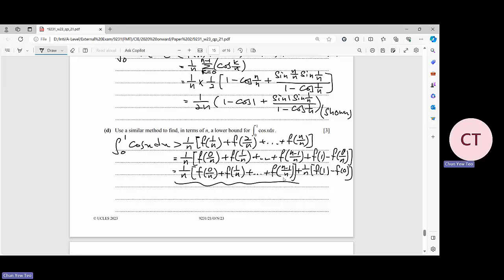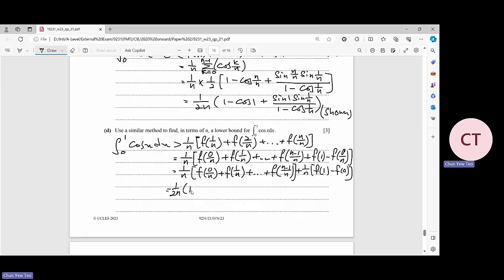Then this part is exactly the same as over here, so just copy it down. Then this one is 1 over 2n, just copy down the result in part C.